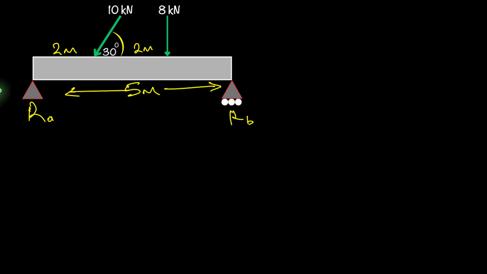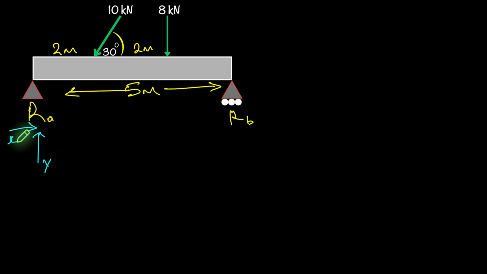Because of that, we'll have a vertical reaction, that's my vertical reaction in the Y direction, and we'll also have a horizontal reaction like that, that's in the X direction. So RA should have 2 components there, vertical and horizontal. And I'll show you how to resolve them shortly as well.